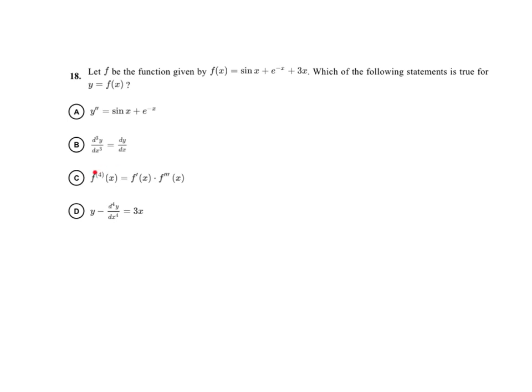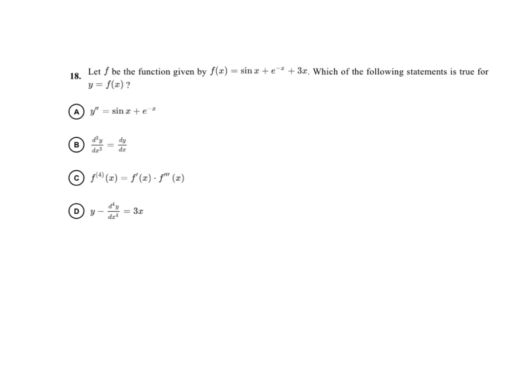Answer choice C is saying the fourth derivative equals the first derivative times the third derivative. And answer choice D is saying the function minus the fourth derivative equals 3x. All right, there's no way we're going to know which one is which unless we just start taking derivatives.